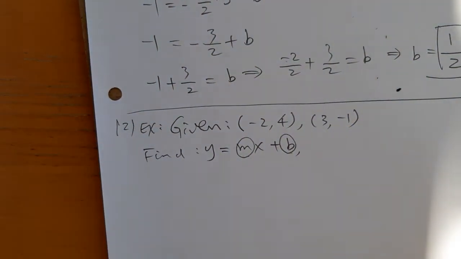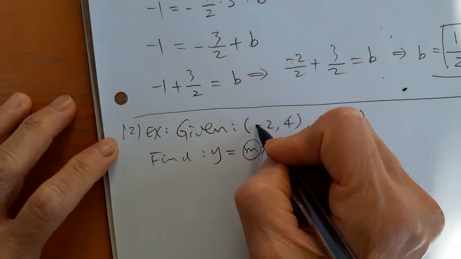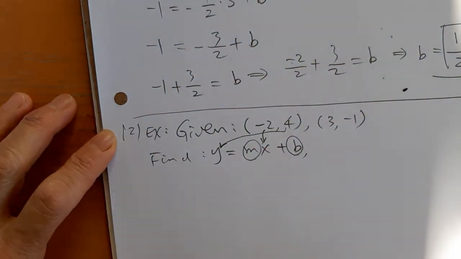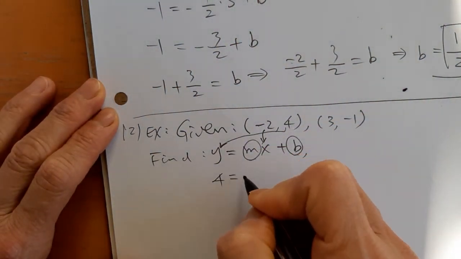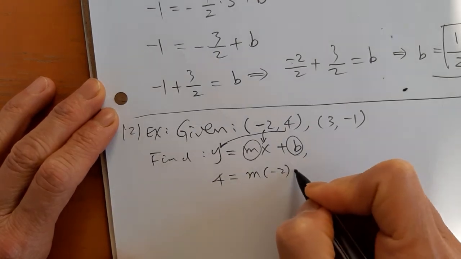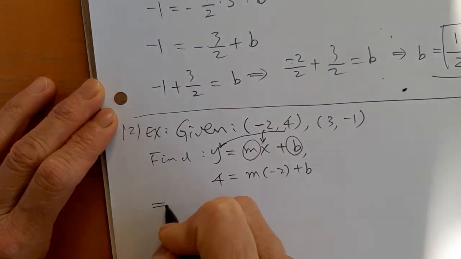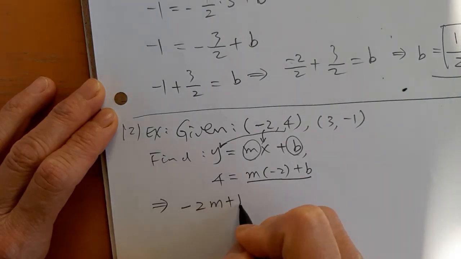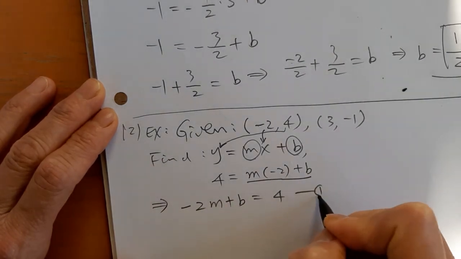Find out m and b. So this is the first coordinate, put it in x, second coordinate, put it in y. So you get 4 equals m times -2 plus b. Then rewrite in standard form: -2m plus b equals 4. That's the first equation.